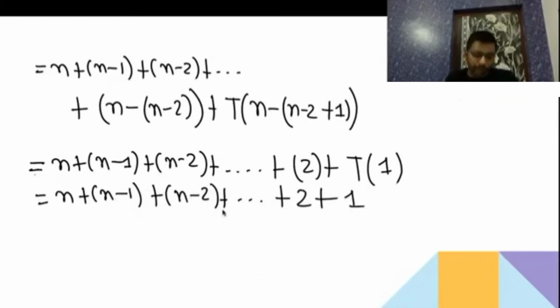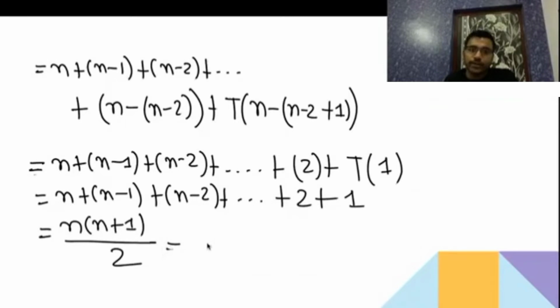So it is like the sum of n natural numbers. It will be n into n plus 1 by 2, and its time complexity is going to be big O of n squared, because the leading term here is n squared.